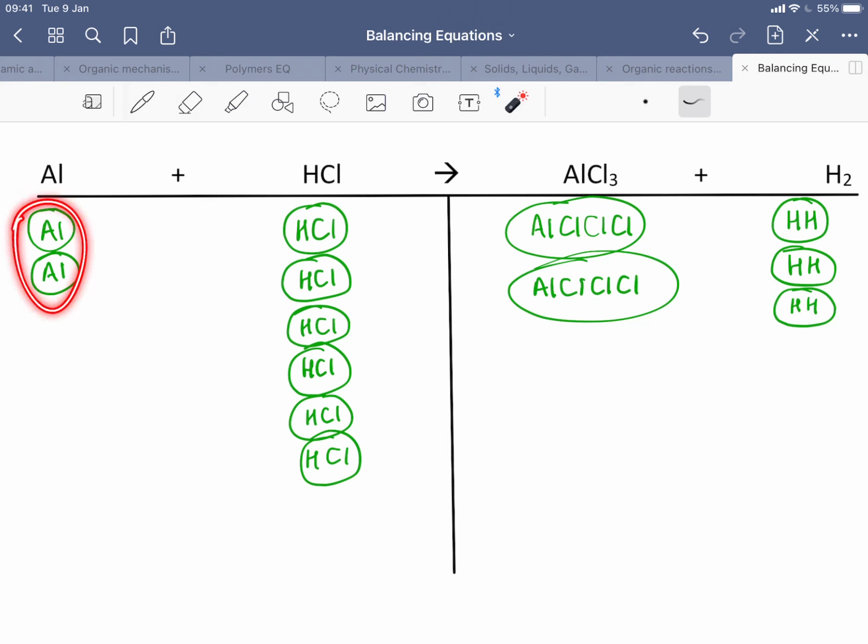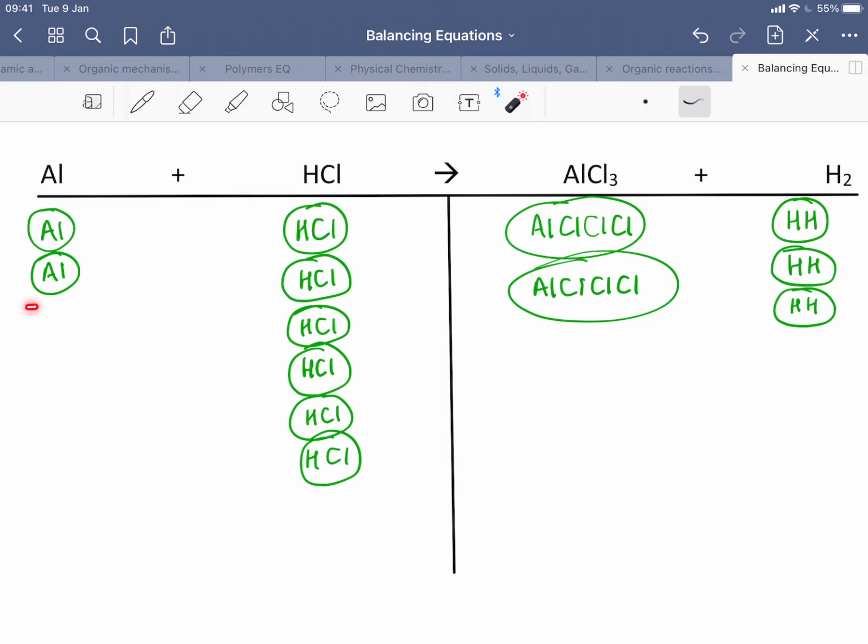So 2 aluminiums, 6 hydrogens, 6 hydrogens, 6 chlorines, 6 chlorines. Fantastic, completely balanced now. So now I've just got to make a note of how many bubbles I've got.